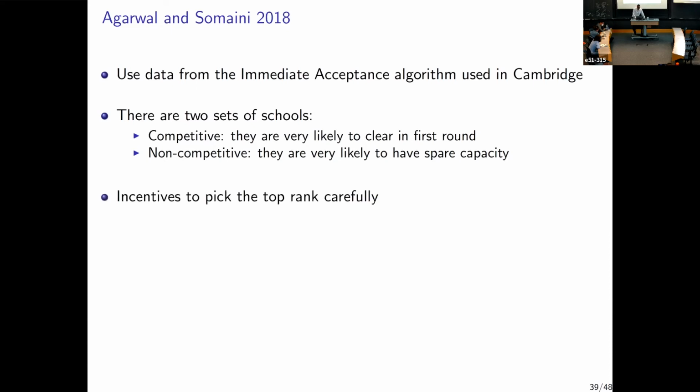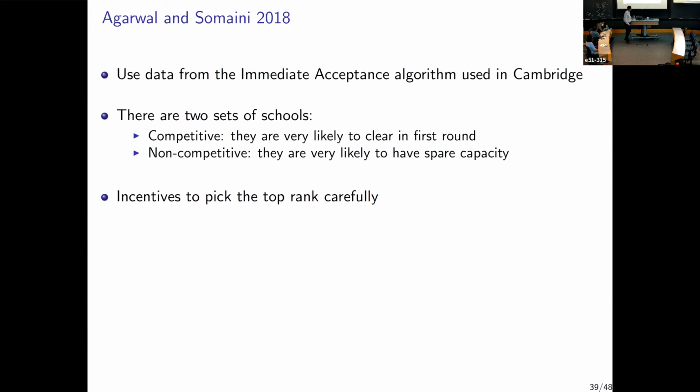Right? So that gives incentives to pick the top rank very carefully, right? Because you can choose a school that is non-competitive that you like, is close to you, and has your teachers and so forth, but it's not very competitive, and you're going to get in for sure if you rank it first.